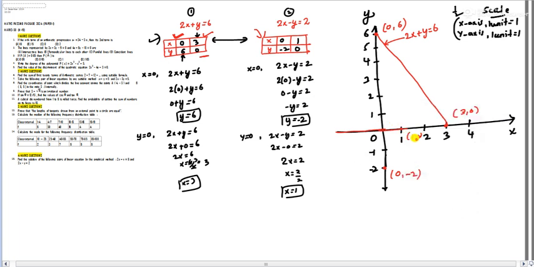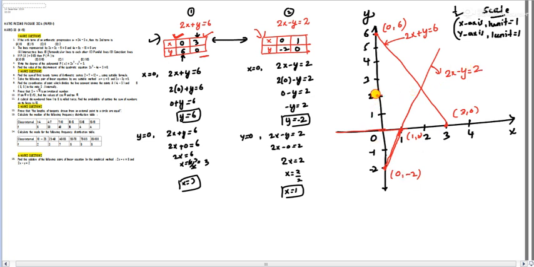So this is (1, 0). Join this. Are they meeting anywhere? No. So how will you get the answer? Just extend this line using a scale. If you extend it, it will come like this. Got it? And this line is for the equation 2x minus y equals 2. You have to write that as well.